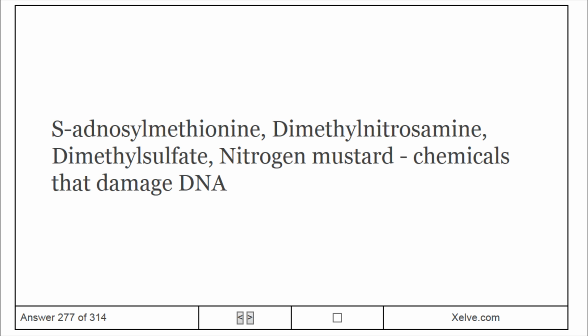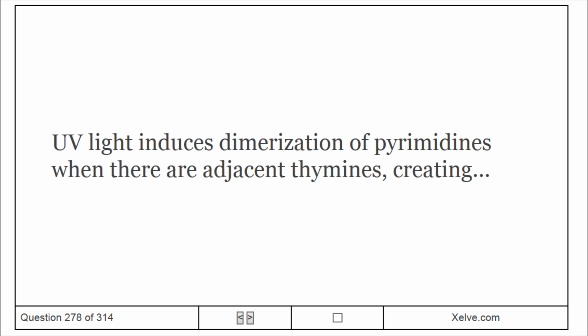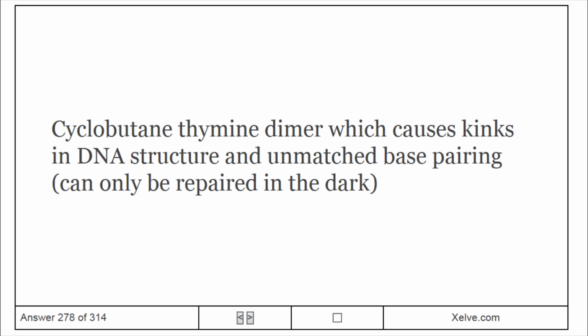S-adenosylmethionine, dimethyl nitrosamine, dimethyl sulfate, nitrogen mustard, chemicals that damage DNA. UV light induces dimerization of pyrimidines when there are adjacent pyrimidines, creating cyclobutane-thymine dimer, which causes kinks in DNA structure and unmatched base pairing.